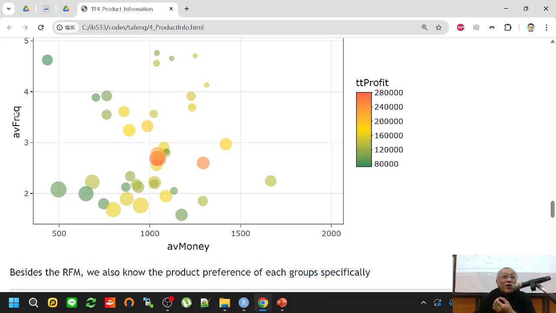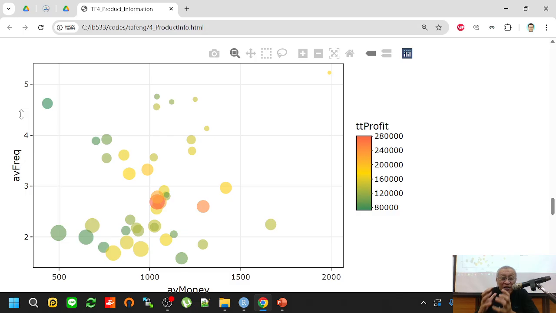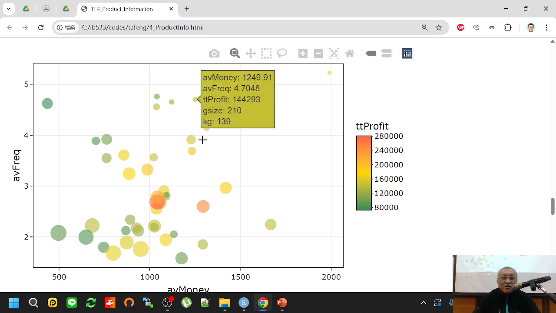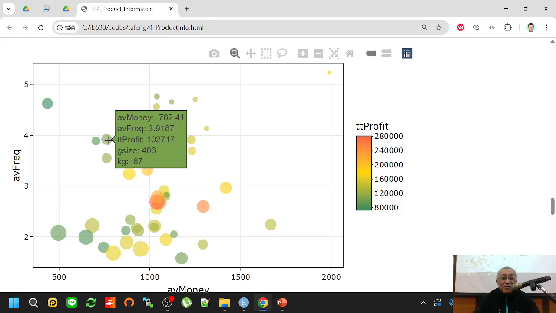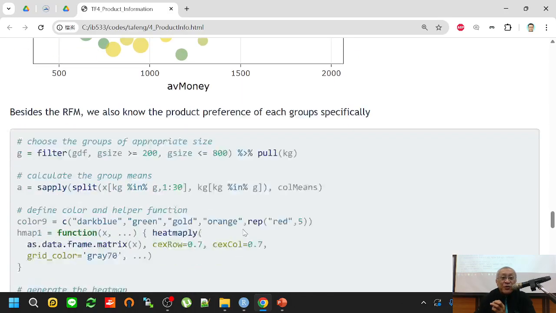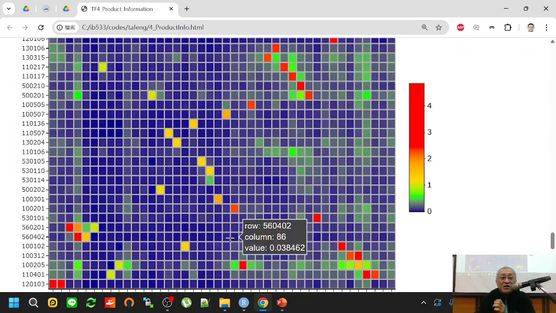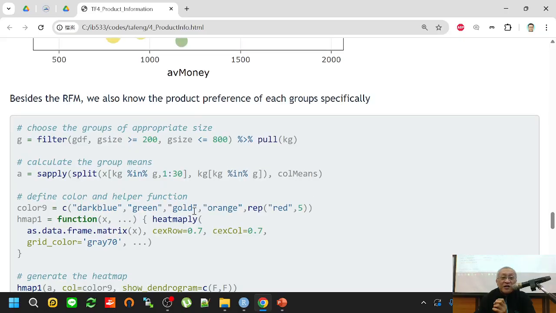The benefit of grouping customers this way is that each group has a very similar buying pattern.